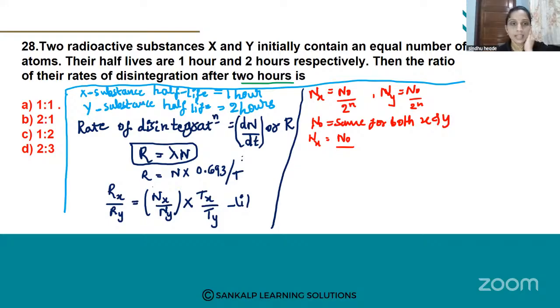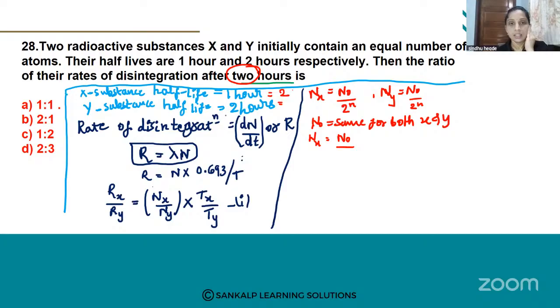It's x substance. See here, x substance half-life is 1 hour. Here they ask the rate of disintegration after 2 hours. So if 1 hour is one half-life, then 2 hours is 2 half-lives. So n is equal to 2 here.